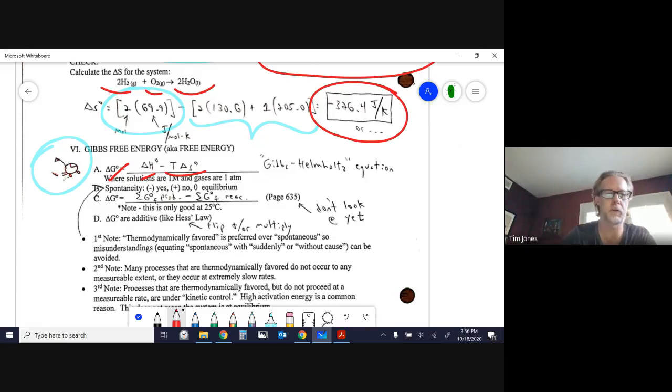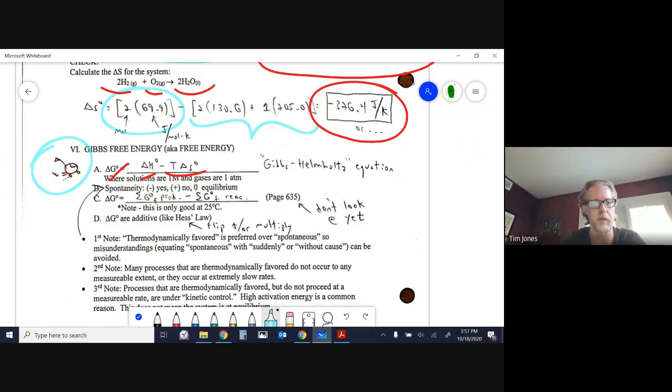So to remind you, a negative value is a yes, means the reaction is feasible and will occur under the current conditions. A positive is a no. A 0 means you're either right on the cusp or you're at equilibrium.